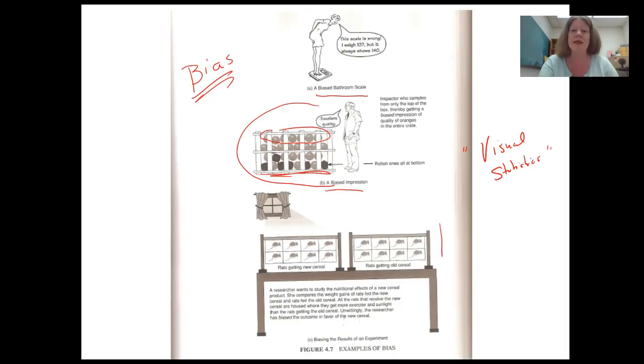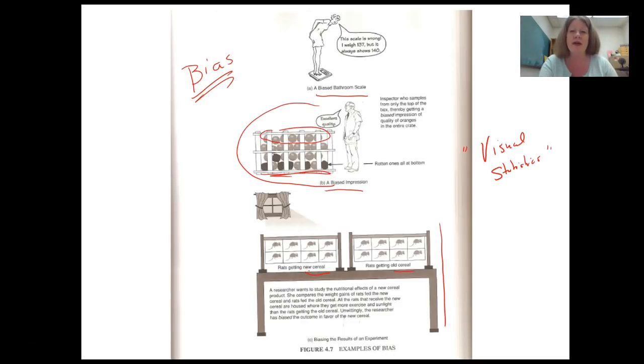Here's bias in an experimental setting. So this is an example where they're talking about a study where they're trying to see if a particular cereal has an effect on rats, on the nutrition of rats. So imagine a study where some rats are given a new cereal, some are given an old cereal.